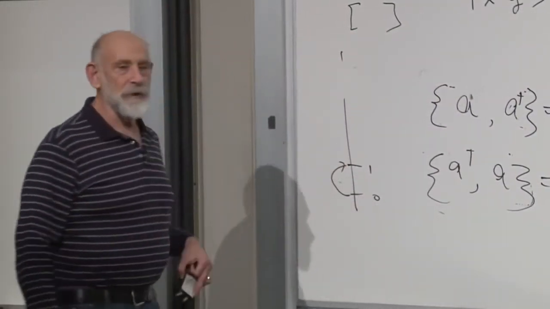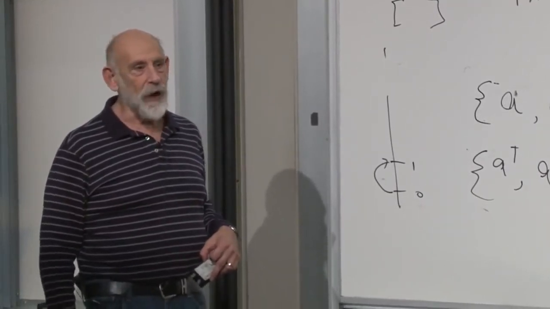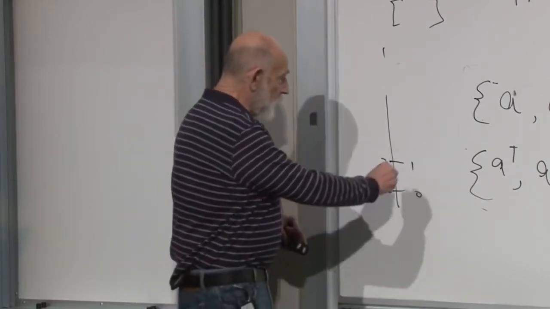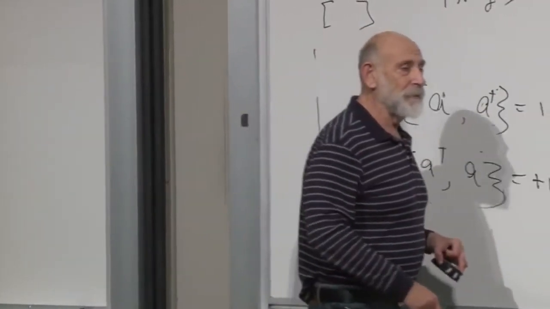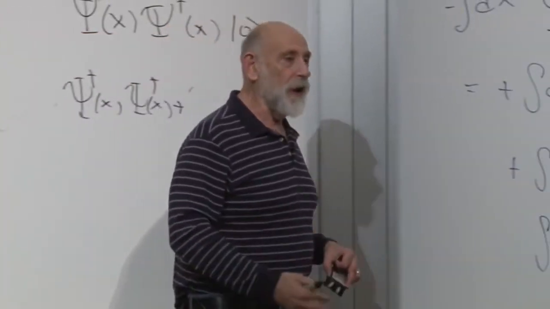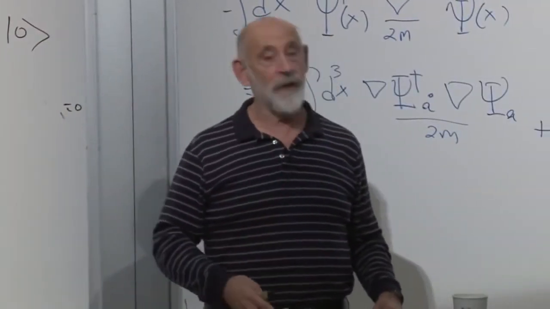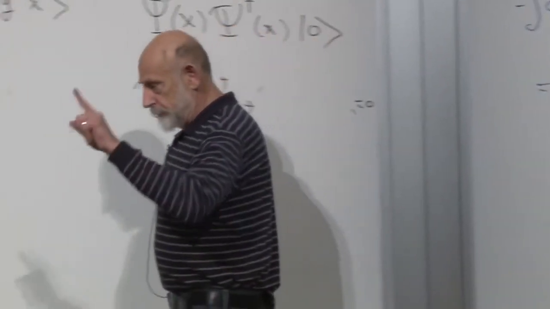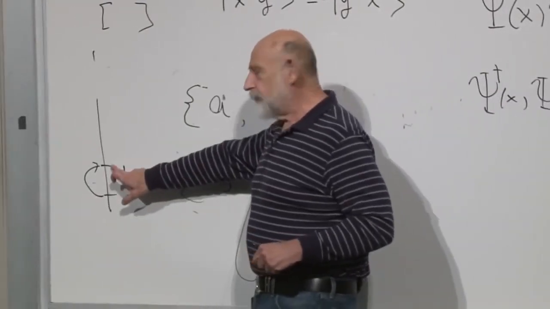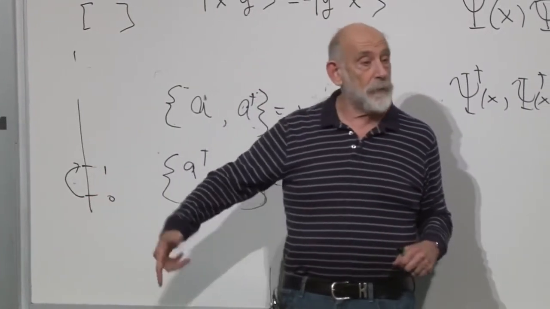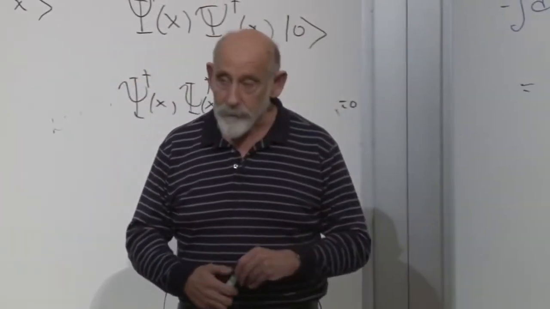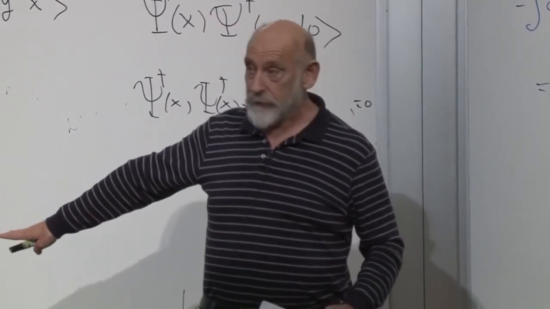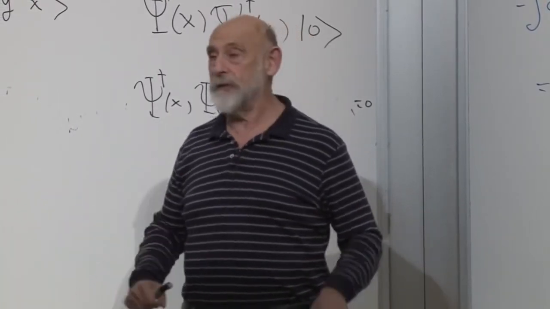But what does it do when it hits 1? No state there. It annihilates the state, 0. On the other hand, the annihilation operator takes you down. If there's a particle there, sure enough, it can take you down, but if there's no particle there, end of story, you annihilate the state. So there's a complete symmetry between being empty and being filled, and replacing creation operators by annihilation operators. Now that doesn't mean they're physically the same. It just means that in the algebra and the mathematics, the symbols, you can't tell one from the other.